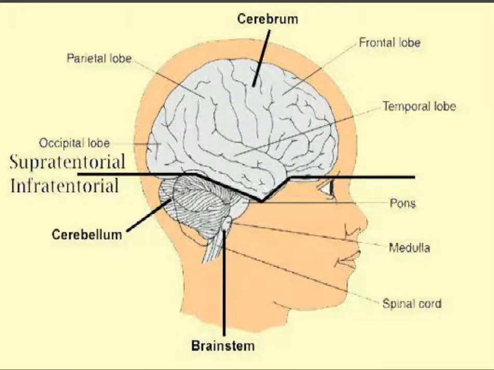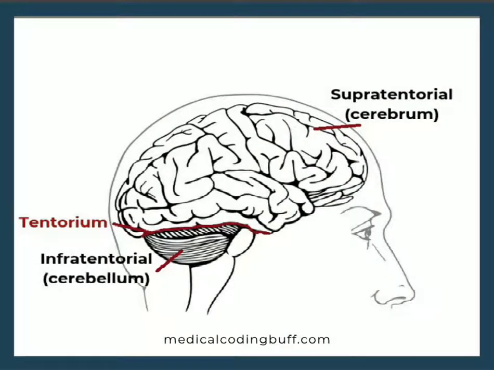Also you can see that this tentorium cerebelli separates the cerebellum from the occipital lobes of the cerebrum, and forms the roof of the posterior cranial fossa. The same with the red line. The red line is the tentorium cerebelli, and it divides the cavity into the supratentorial and infratentorial compartments.